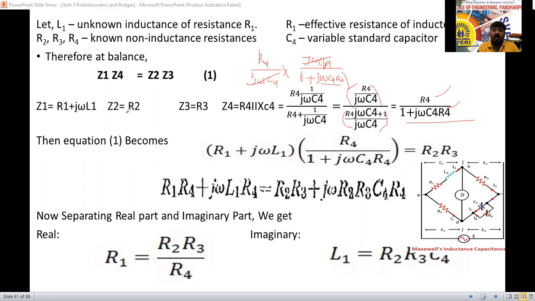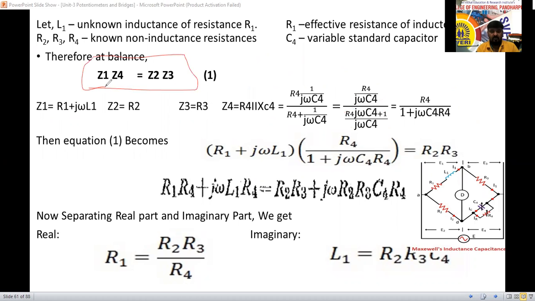So we have found that the Z1, Z2, Z3, Z4 values are calculated. Next step is substituting these calculated values of Z1, Z4, Z2, Z3 in equation number 1 under the balanced condition. Just check it.